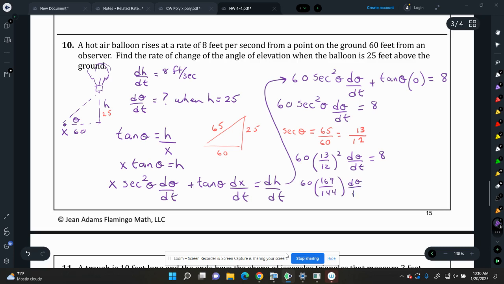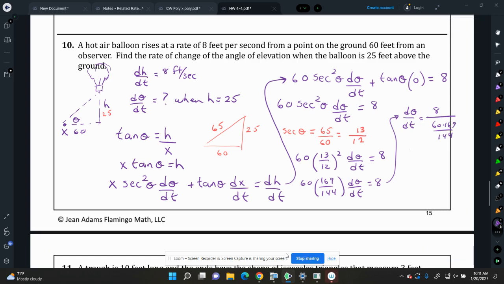We're going to use our calculator, and we're going to do d theta dt equals 8 divided by 60 times 169 over 144, which comes out to, according to my notes, about 6.5 degrees per second.